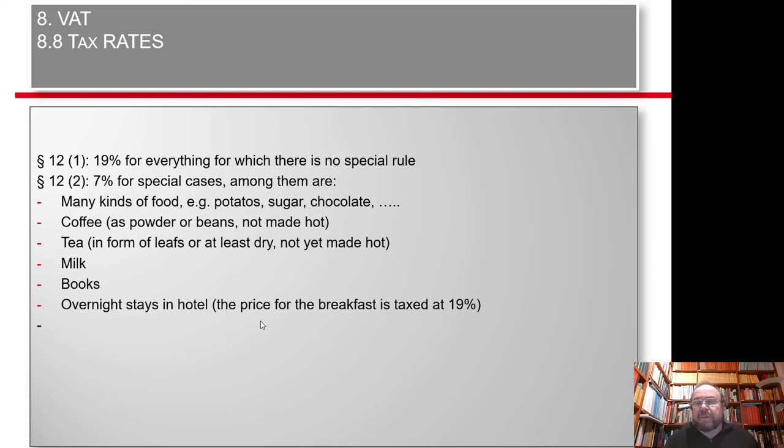But when you go to a restaurant and sit down there and enjoy the atmosphere and eat a hamburger there, then it would be 19%, because sitting down at a restaurant is no longer a mere delivery of a hamburger to you, but a service activity.